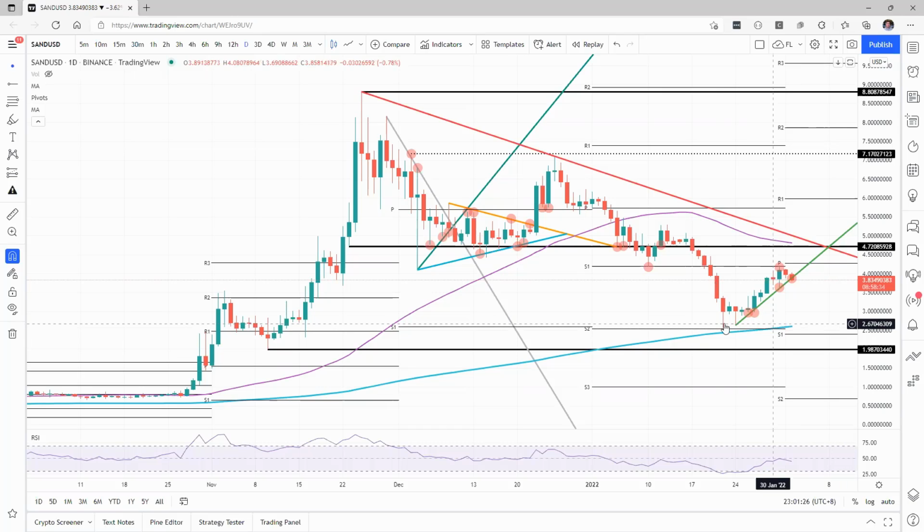That would give a belt of support, where bulls will try to go in again for another bounce and another attack towards the 4.50 handle and possibly the $5 handle next.